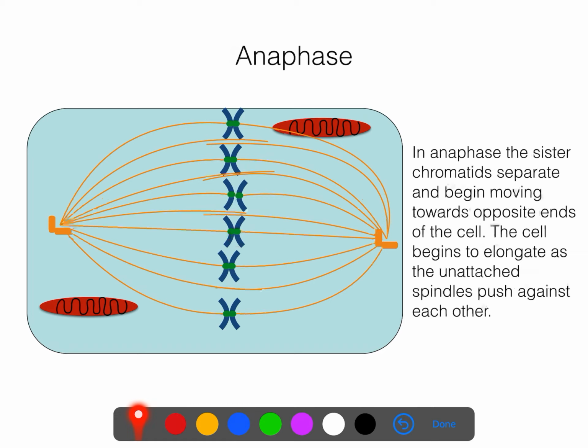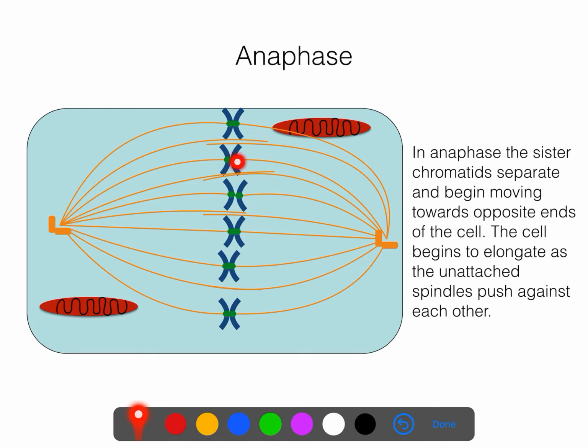In anaphase, before anaphase, a chromosome had two chromatids connected at the centromere. Now we're going to disconnect the centromere, and each of these two-chromatid chromosomes is going to break in half into two one-chromatid chromosomes.